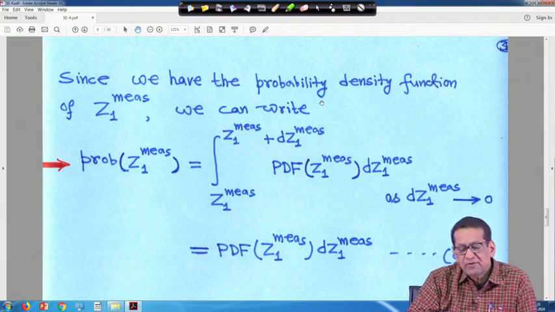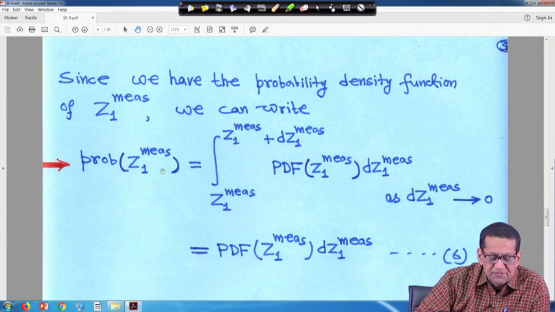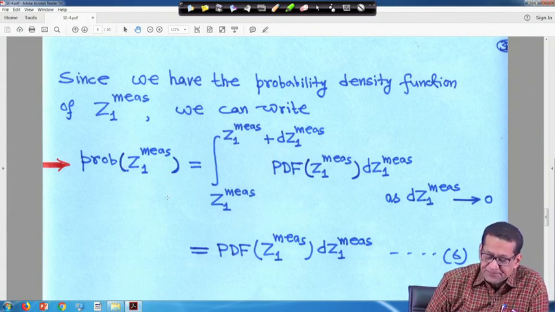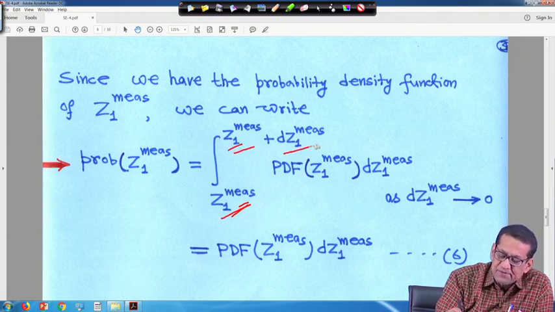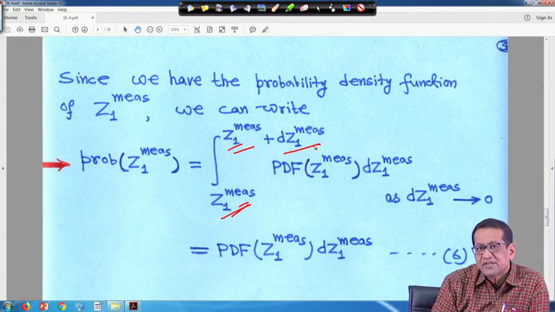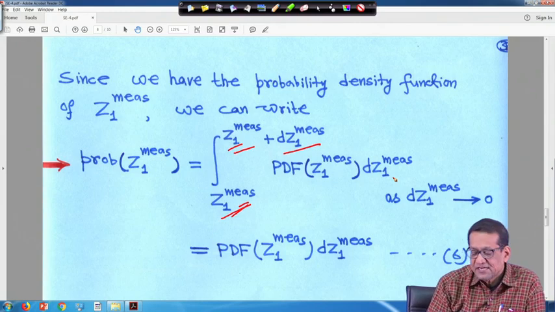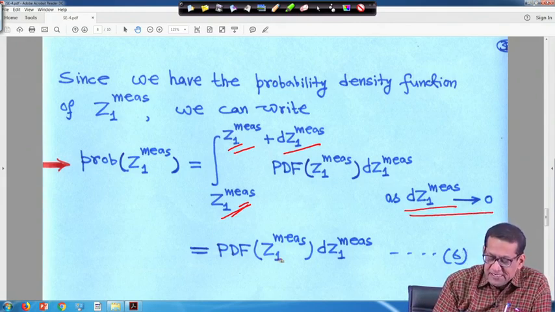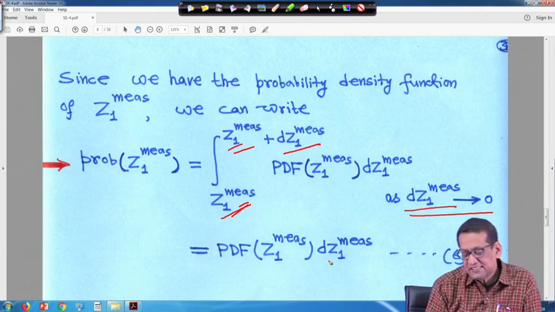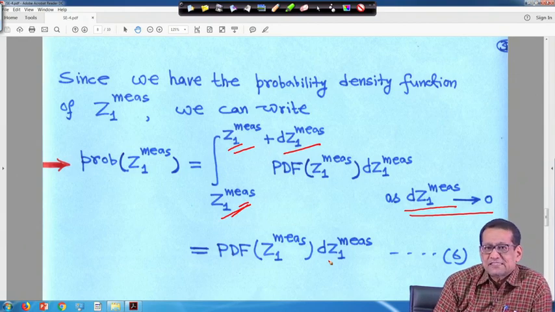Since we have it, we can write the probability of Z1 measure as the integration from Z1 measure to Z1 measure plus d Z1 measure of PDF Z1 measure into d Z1 measure. As d Z1 measure tends to 0, you can write PDF Z1 measure into d Z1 measure, because d Z1 measure is a very small thickness.